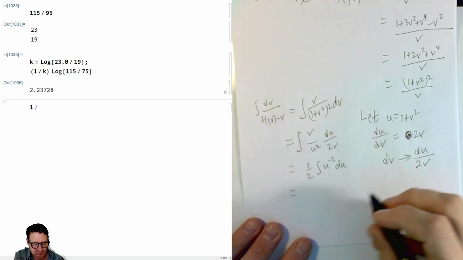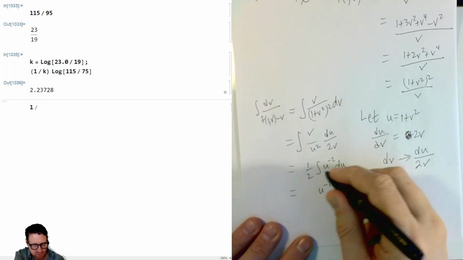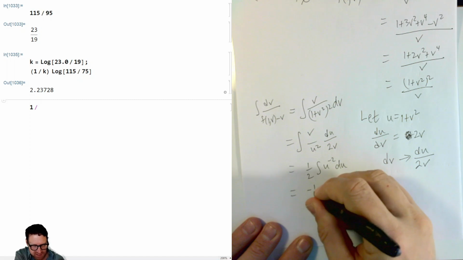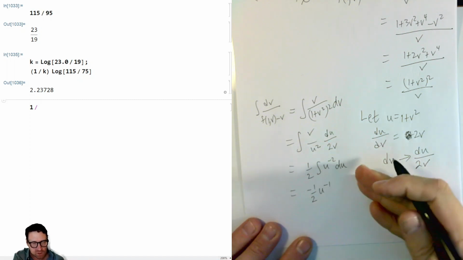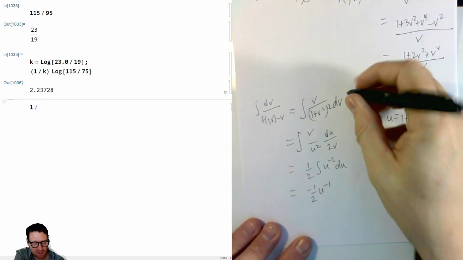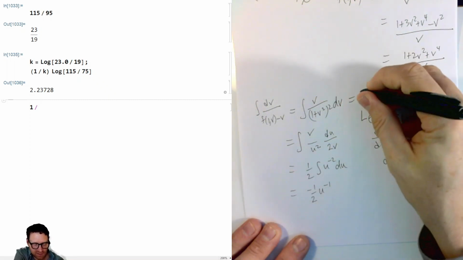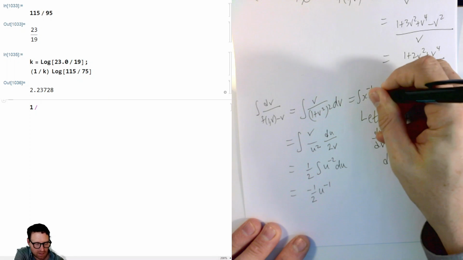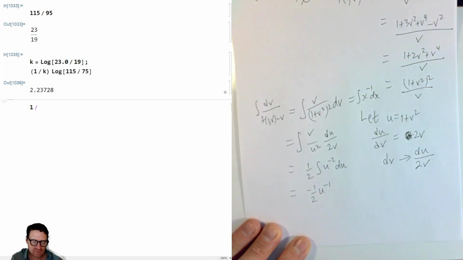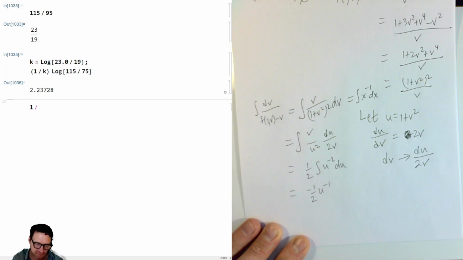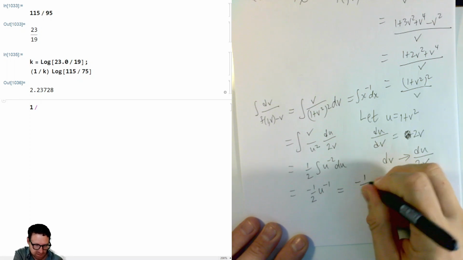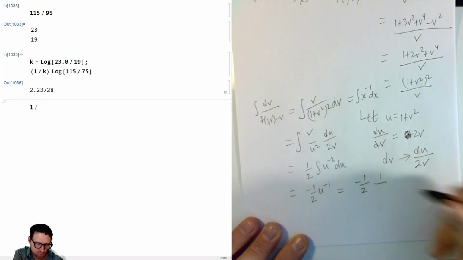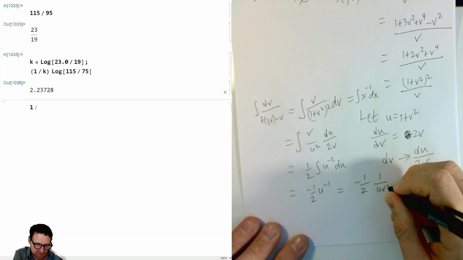And so that gives us u to the minus 1 dividing by minus 1. We have minus a half in front. We'll leave out the plus c because that will go on the other side of the integral, as in here. We'll have our plus c in that. Okay, now let's put our u back in. So this is minus a half 1 over 1 plus v squared.